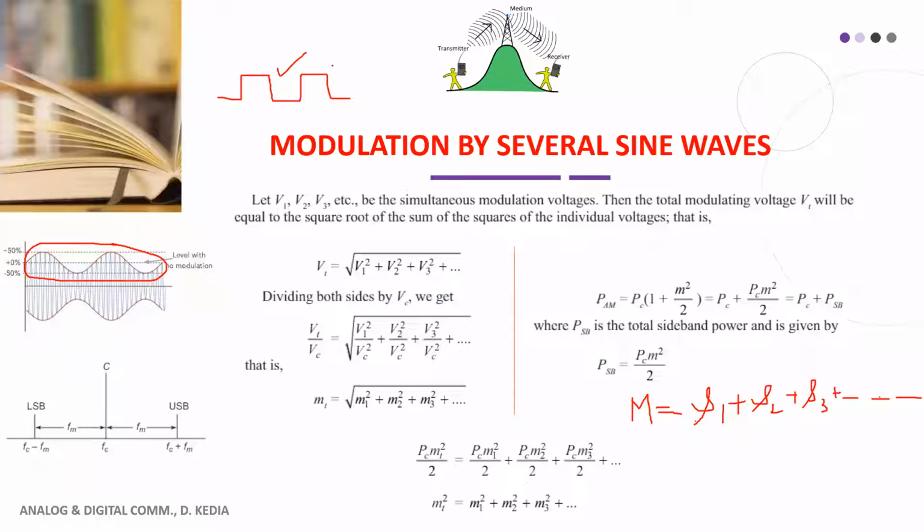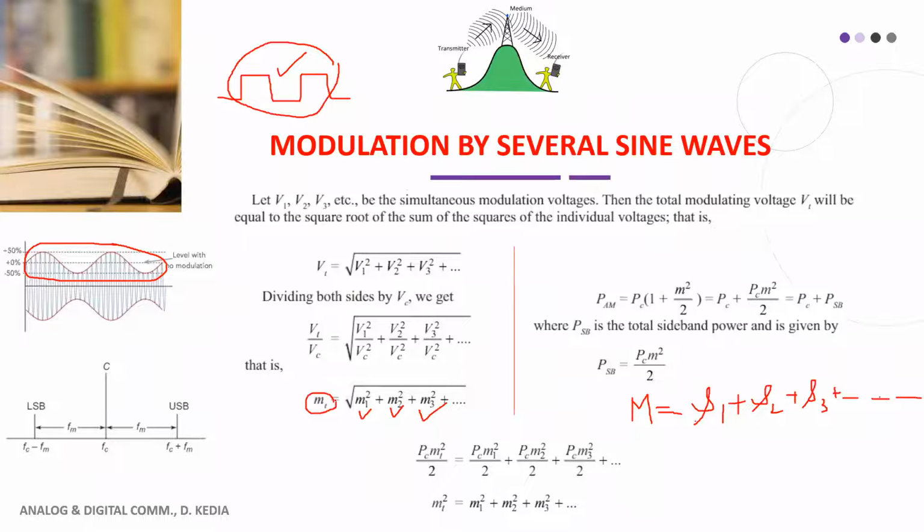Then what I'll do is express this square wave as a sum of various sinusoids using Fourier series. Whatever sinusoidal components we have, from those I'll obtain different modulation indices, and then I'll obtain the total modulation index, and I'll apply the same thing.